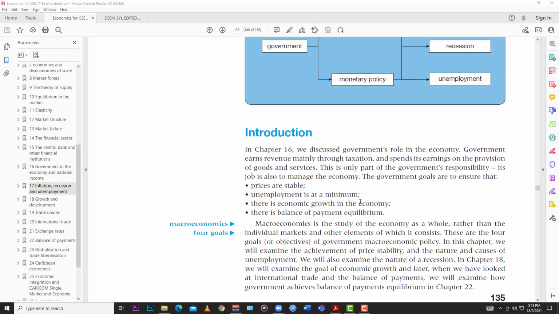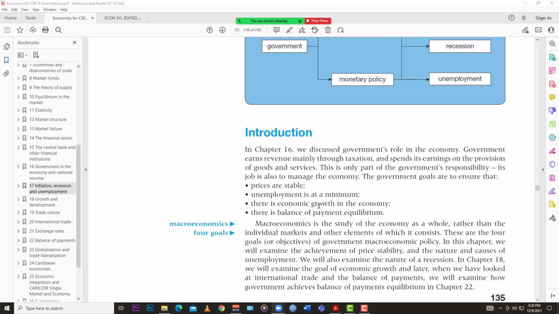And so the government, they have certain policies, certain macroeconomic goals that they are trying to achieve. They include things like price stability, reduce unemployment, ensure that there's economic growth, and make sure that the balance of payments are favorable for the country.